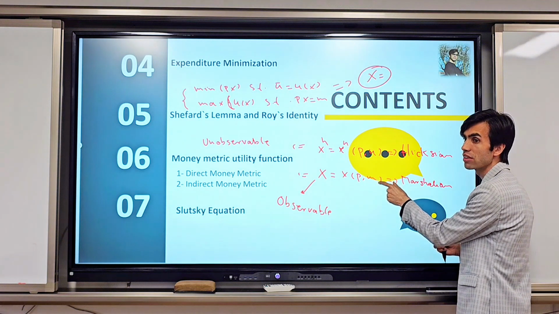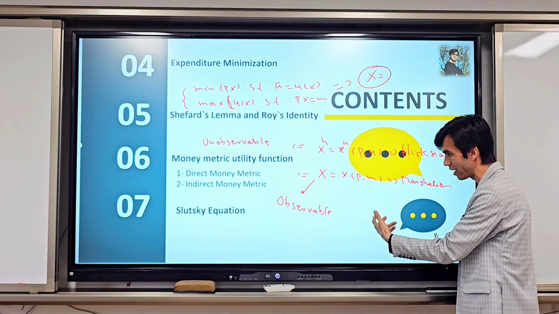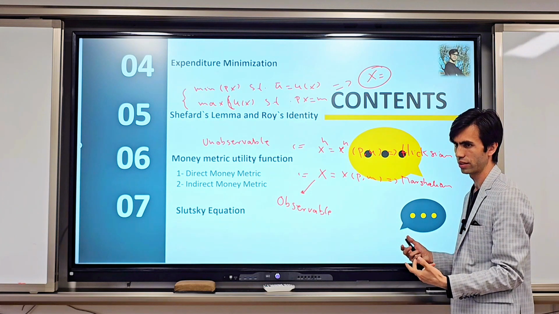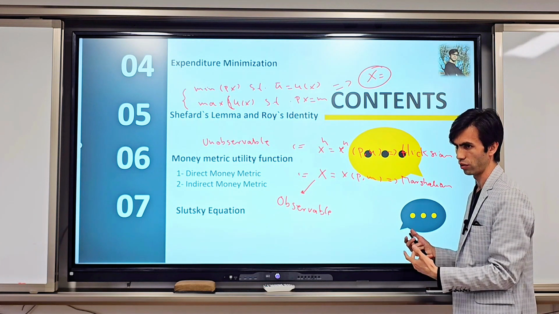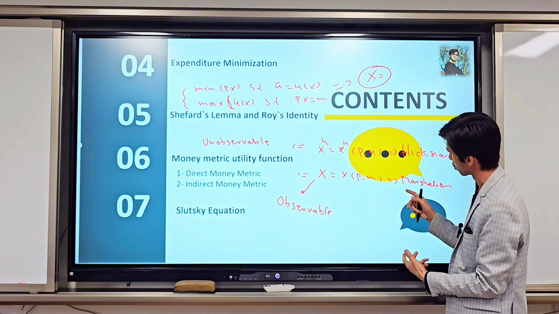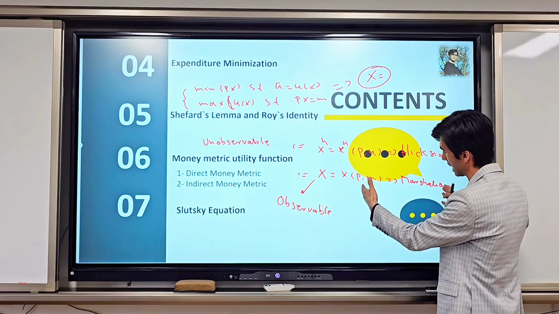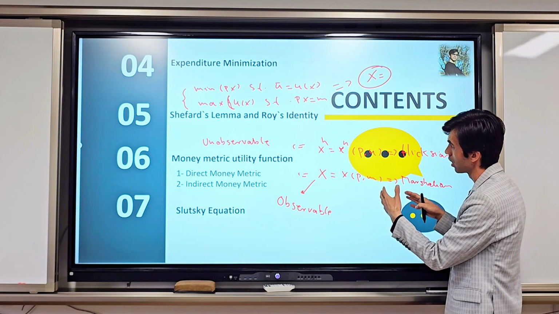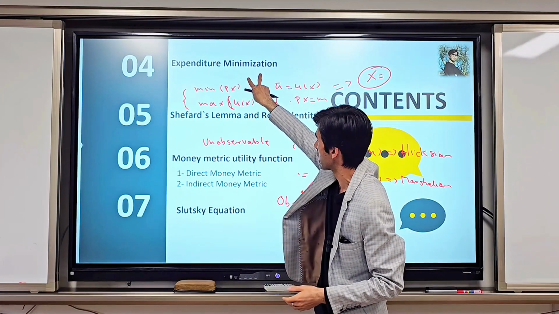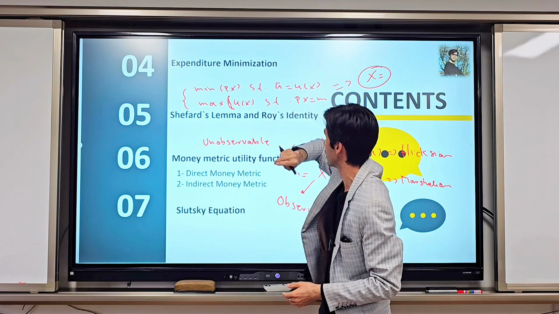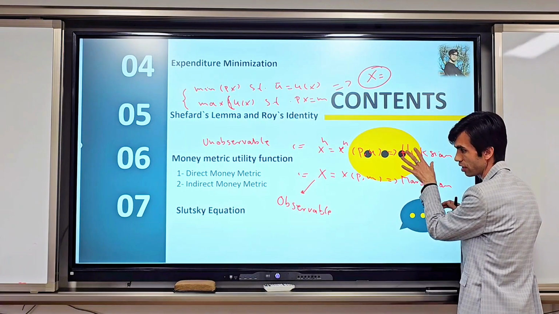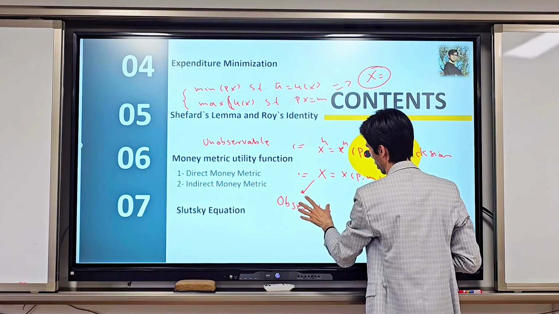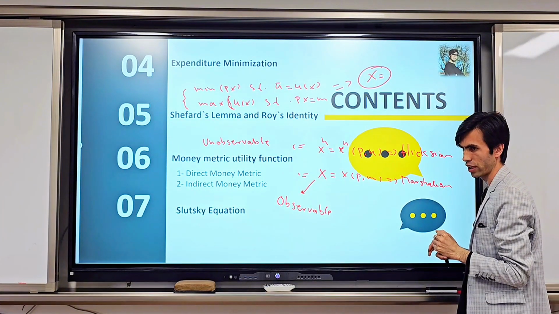And we can observe our income because we can say, for example, I want to consume $2,000 this month. So that's why we use different names for these two demand functions. But when we work on expenditure minimization, we find the Hicksian, and when we work on utility maximization, we move to Marshallian demand function.